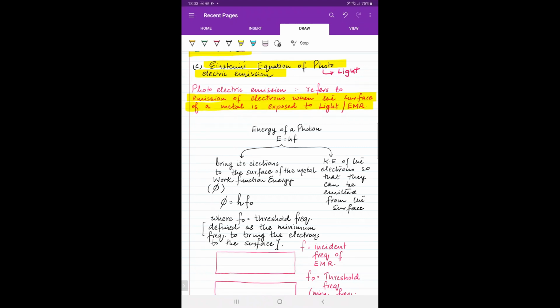So Einstein basically came up with this concept of photoelectric emission on the basis of thermionic emission.